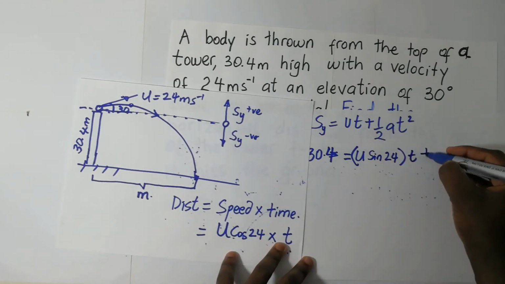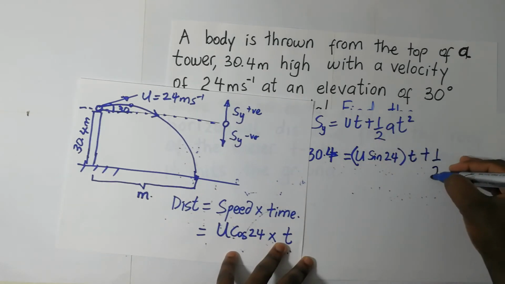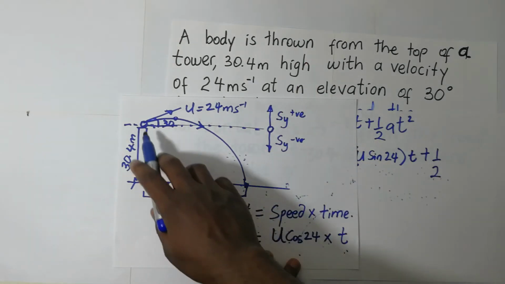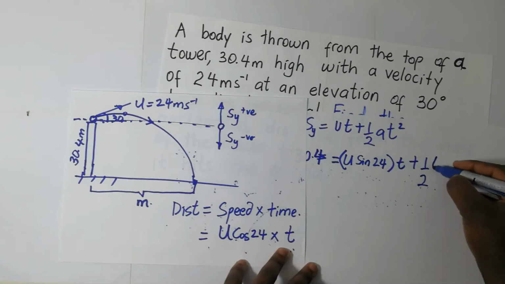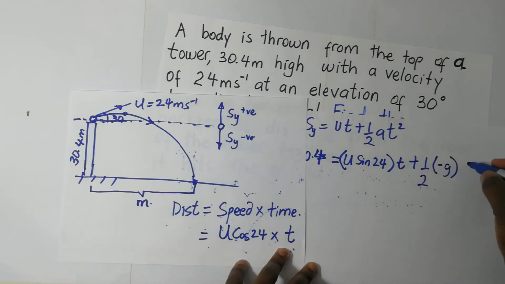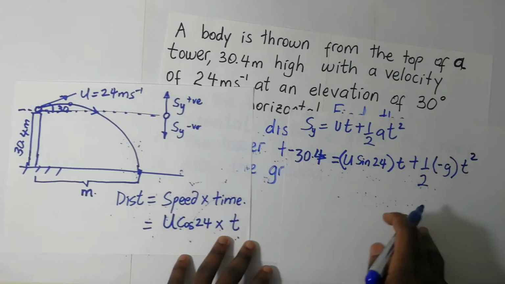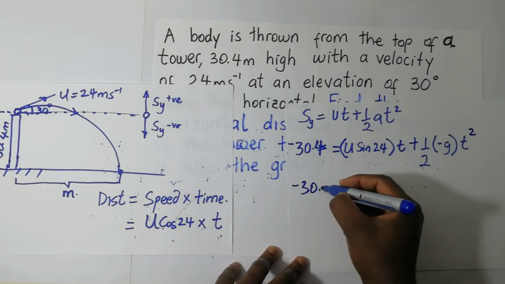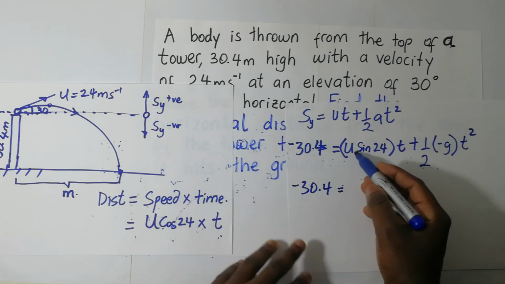Then it's going to become plus a half times acceleration. Since it is going upward here, it's against gravity, times negative g t squared, like that. So this all becomes negative 30.4 is equal to u.